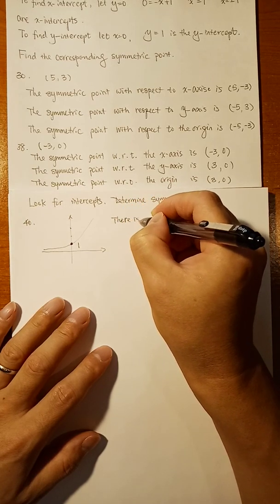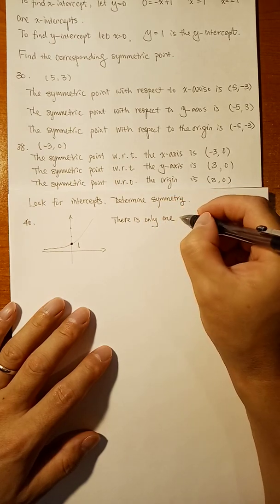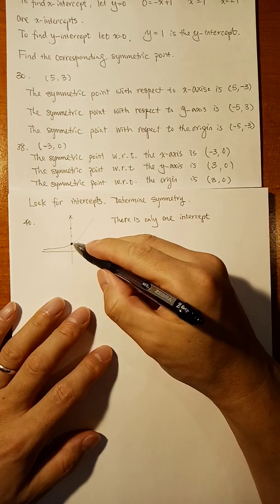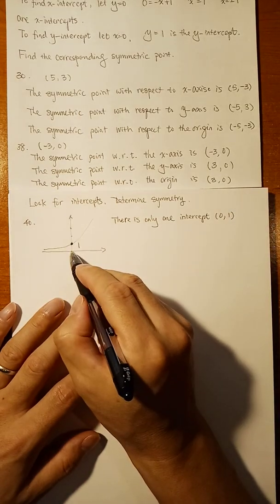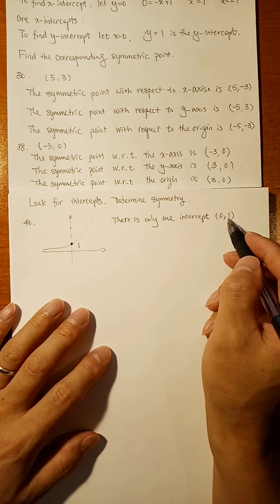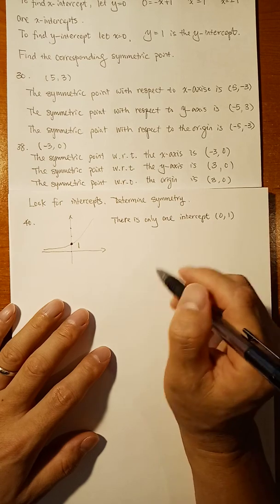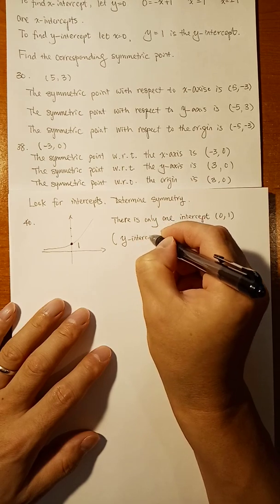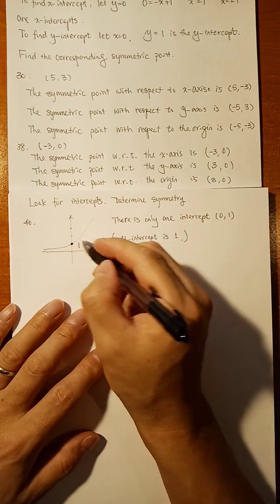This intercept is 0, 1. It's on the y-axis. X coordinate is 0, y coordinate is 1. So this only unique intercept is 0, 1. You can say the y intercept is 1. Y intercept, it's the same thing.